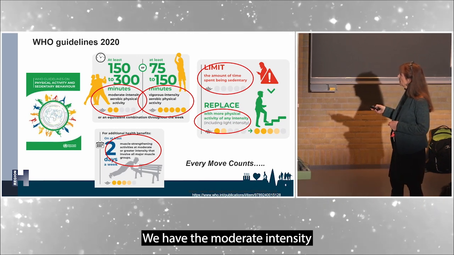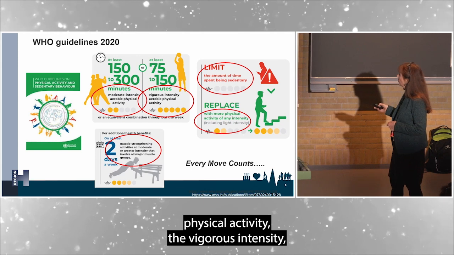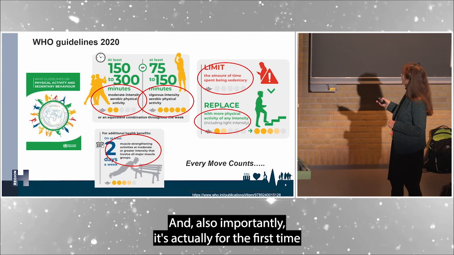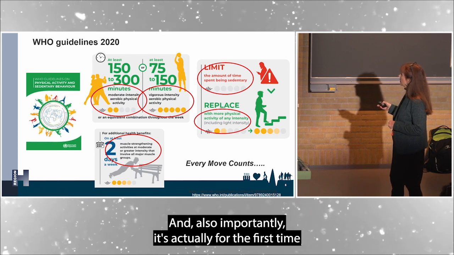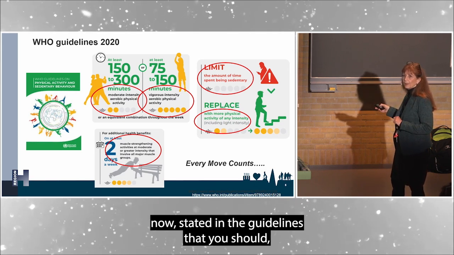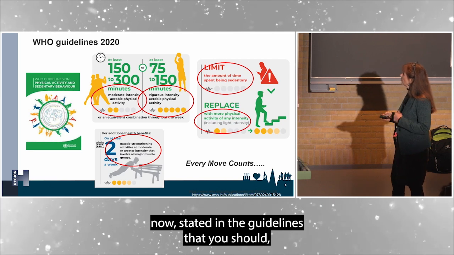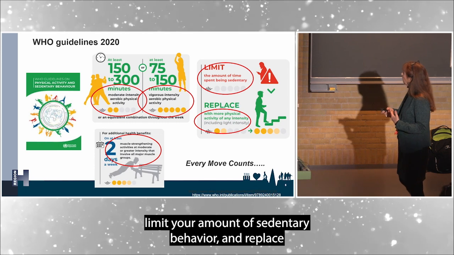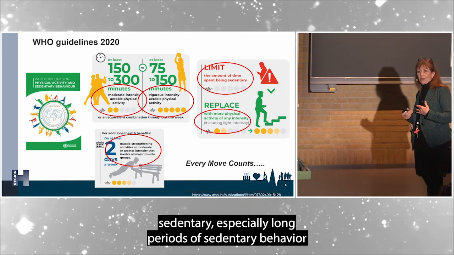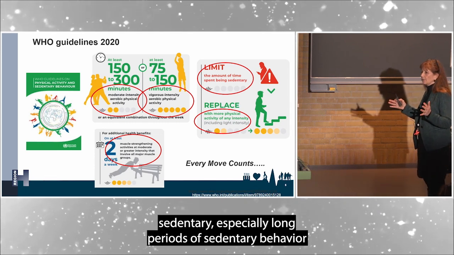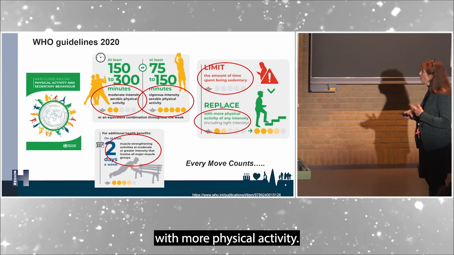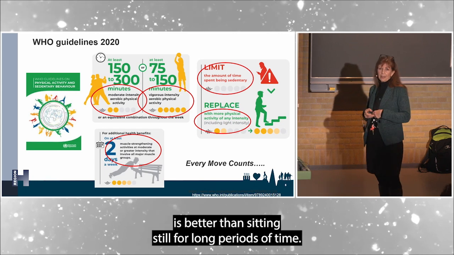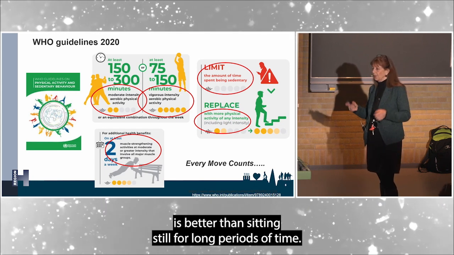We have the moderate intensity physical activity, the vigorous intensity, the muscle strengthening twice a week. And also importantly, it's actually for the first time now stated in the guidelines that you should limit your amount of sedentary behavior and replace sedentary, especially long periods of sedentary behavior, with more physical activity. Even physical activity with light intensity is better than sitting still for long periods of time.